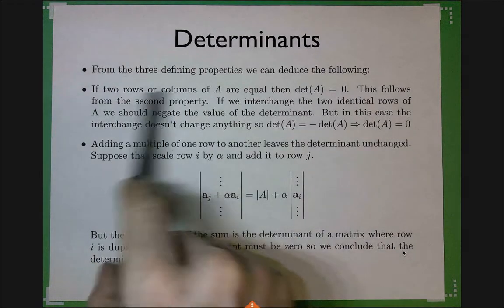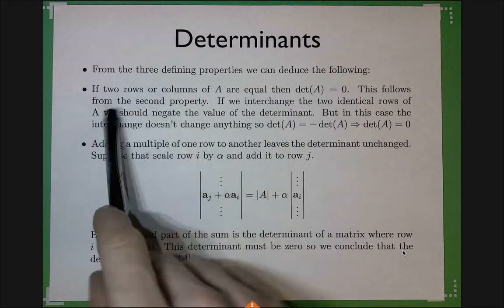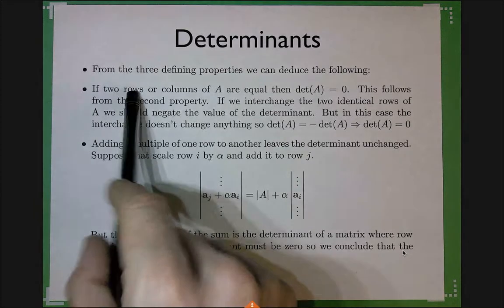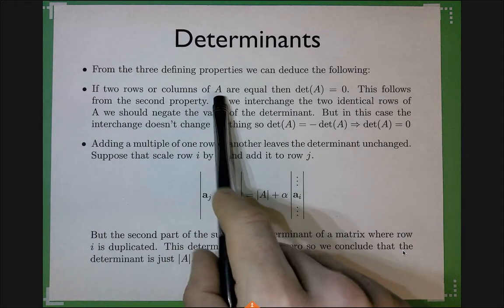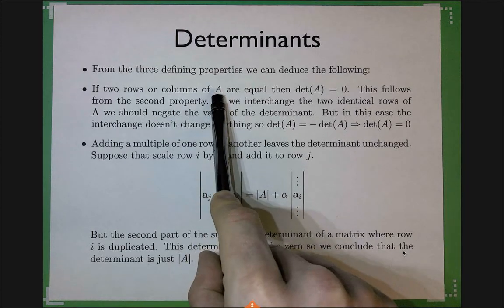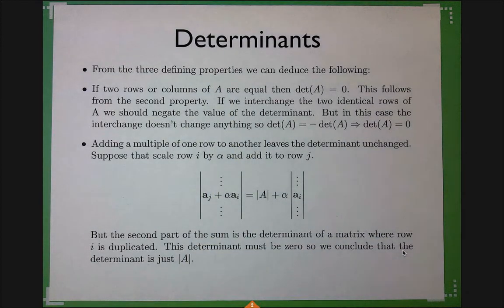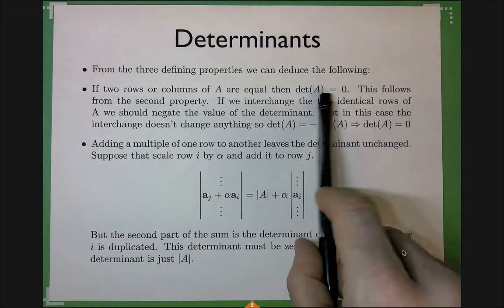So you can state all these claims either in terms of rows or columns. So let's just talk about rows for now. So if the matrix A has 2 rows which are exactly the same, then the determinant of the matrix is 0.